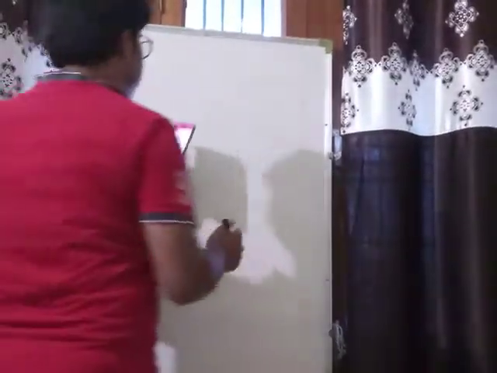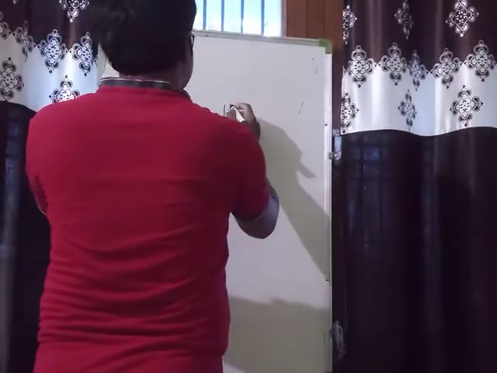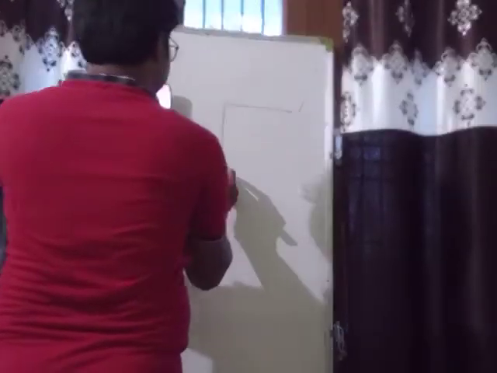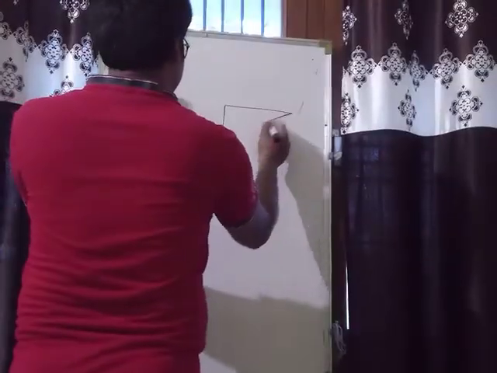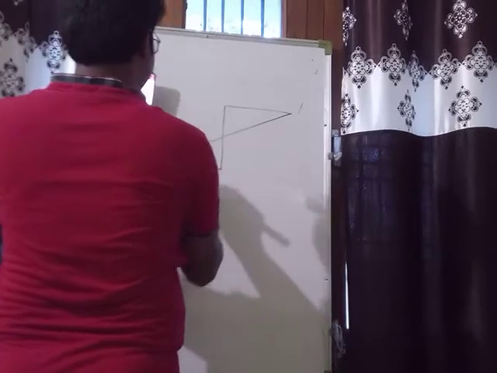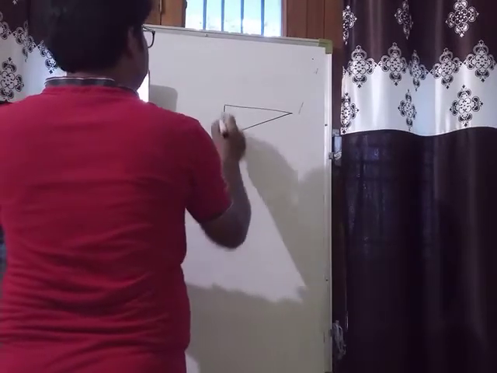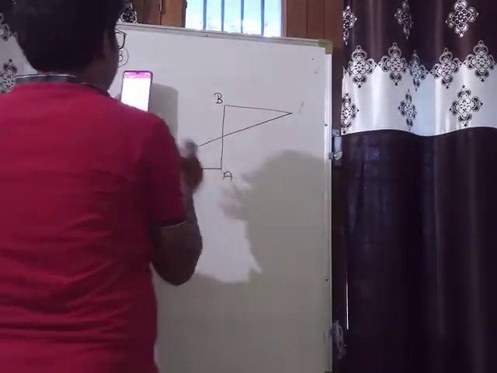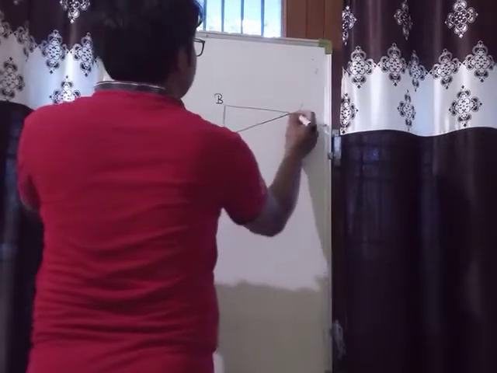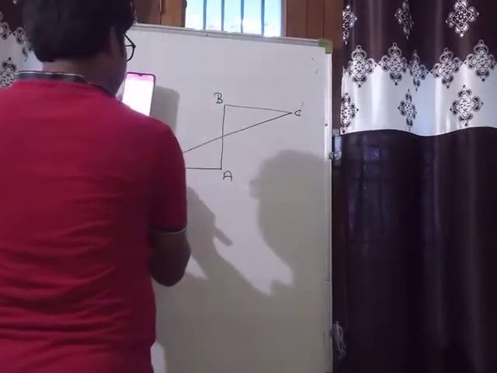See in the figure. That is your figure. This is the line segment AB, and that is BC, and that is AD.